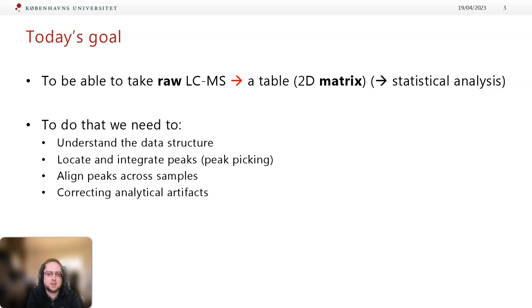When we have done that in all the samples, one sample at a time, we then need to align the peaks across samples, meaning we need to figure out which peak in sample A is actually the same peak in sample B. Then we have the problem that in LCMS data, we typically see a decrease of intensity as we analyze more samples. Correcting these artifacts is called batch correction.